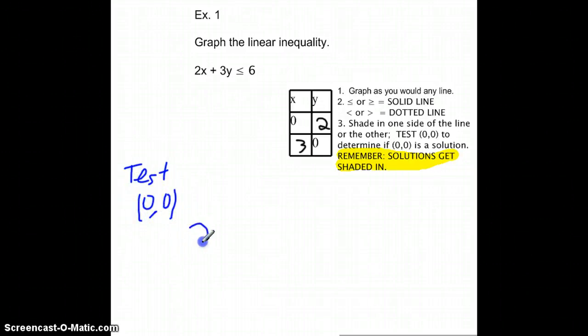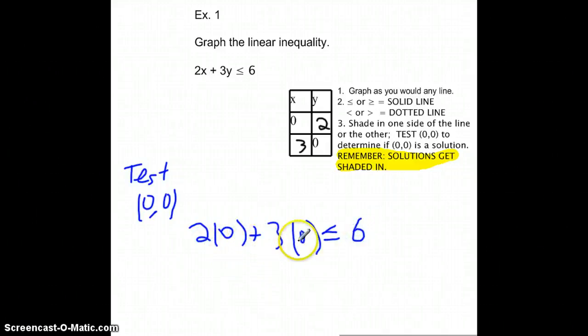So 2 times 0 plus 3 times 0 is less than or equal to 6. 2 times 0 is 0, plus 3 times 0 is 0, so we have 0 is less than or equal to 6.